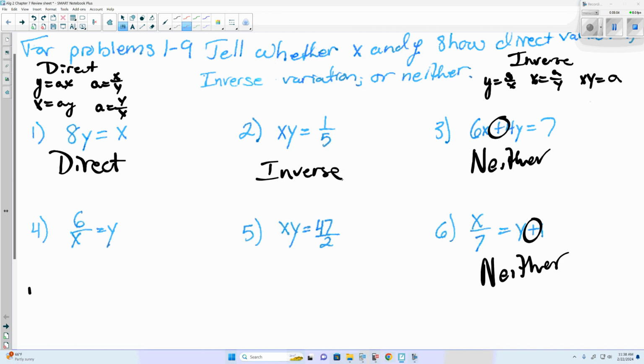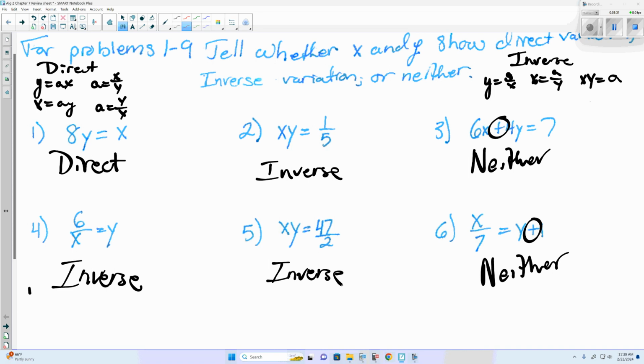Number 4, inverse, because we do have a variable in the denominator and one in the numerator. Number 5, it would be inverse, because 2 and 5 are essentially the same, and we have those variables multiplied together on the same side, as inverse.